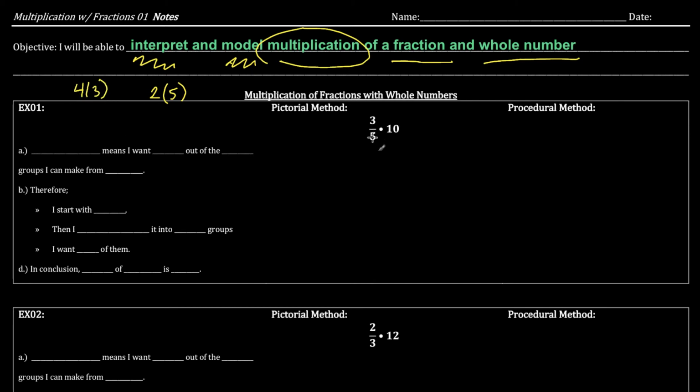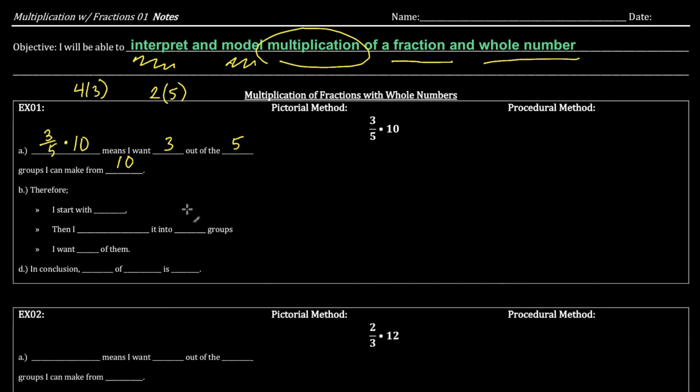So 3/5 times 10 means I want 3 out of the 5 groups I can make from 10.